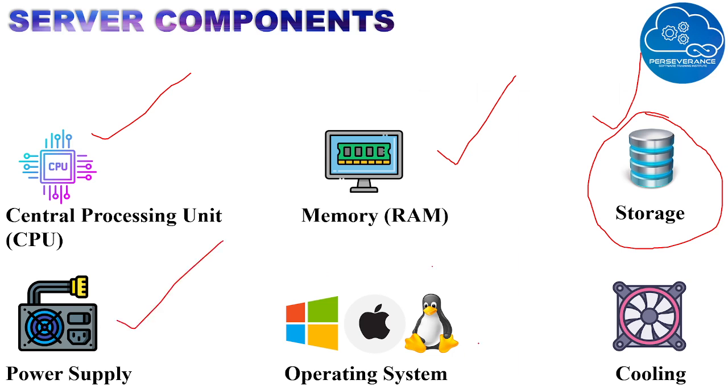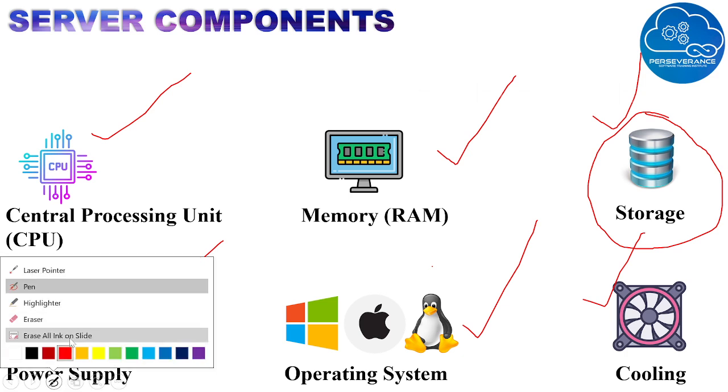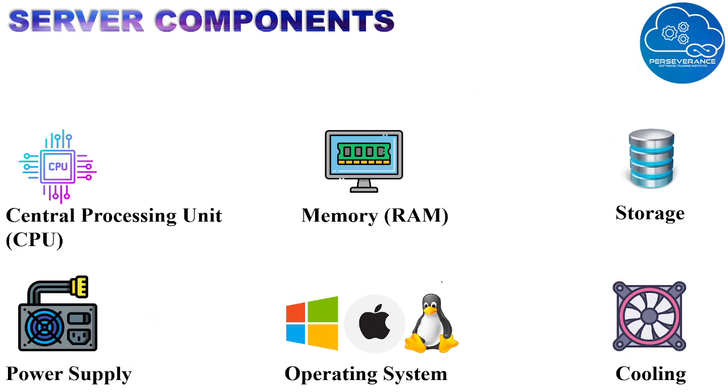Then the operating system, without which we cannot communicate with the digital world. Then cooling, so the heat generated within the hardware is exhausted to the outer part of the system using cooling fans. It is available even in laptops, desktops, any of the computer systems. So we call them computers.